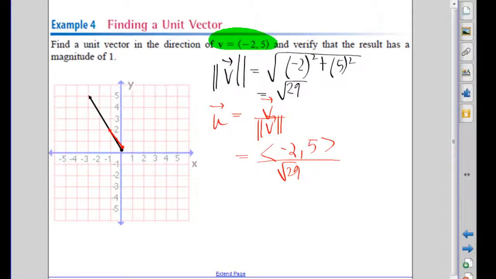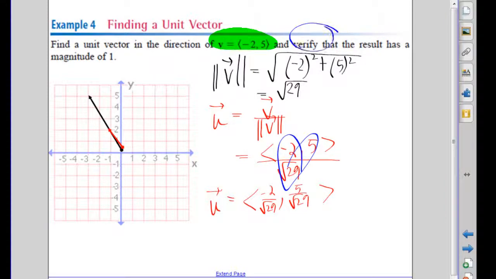So our x and our y component both need to get divided by it. So vector u comes out to be -2/√29, comma, 5/√29. Stylistically, you should rationalize both of these. I'm going to let you do that yourself.